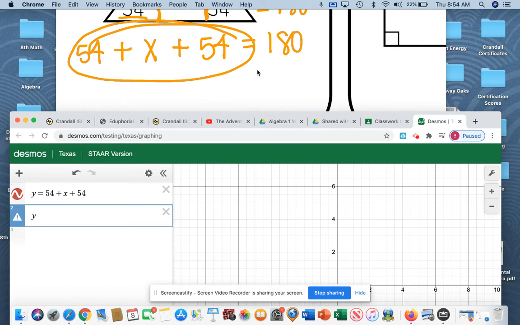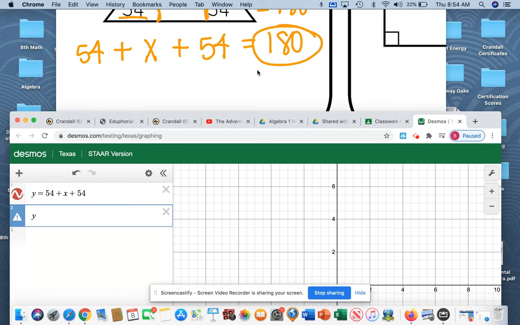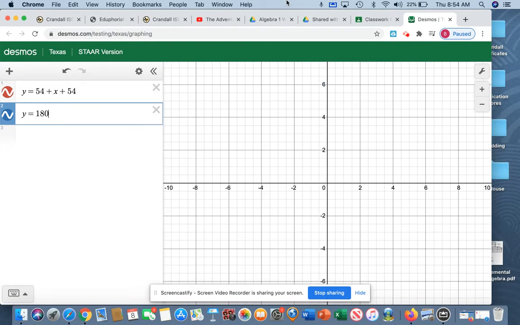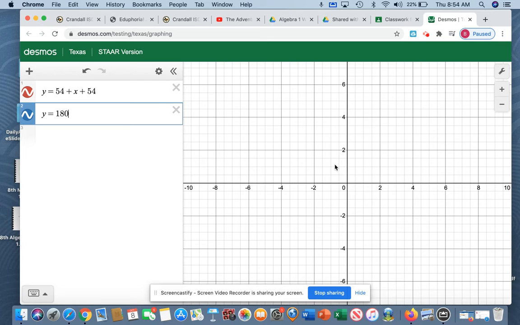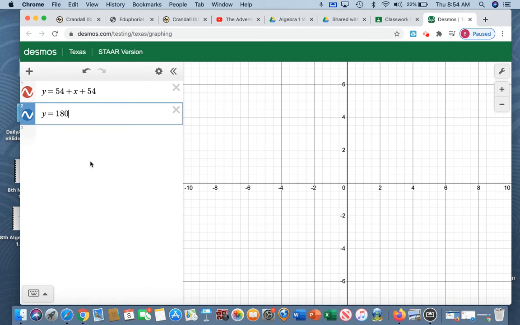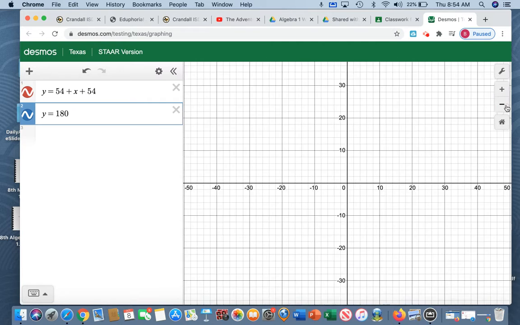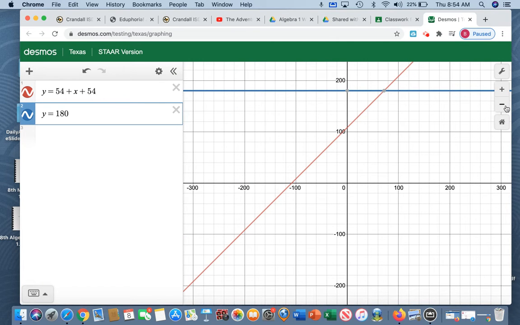Y equals now just my right side, which is just one term, which is 180. Now I want to see where the blue and the red line cross. But oh my gosh, I don't see a blue or a red line. So what do I have to do? Zoom it on out until I see those 2 lines. There's my red one. There's my blue one. And I'm looking for where they cross, which is right here. I'm going to click it, and the answer is 72.